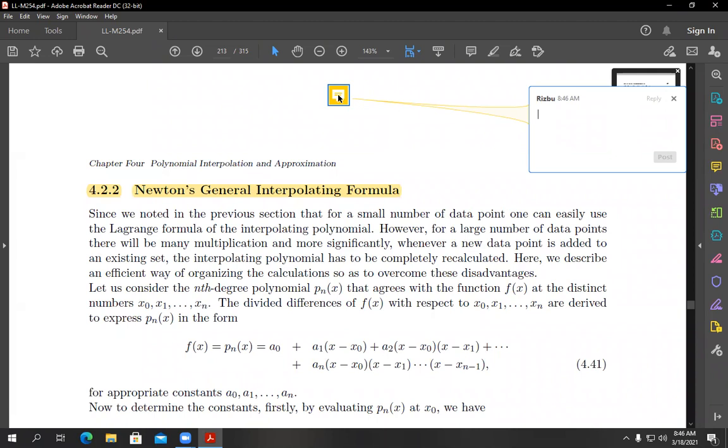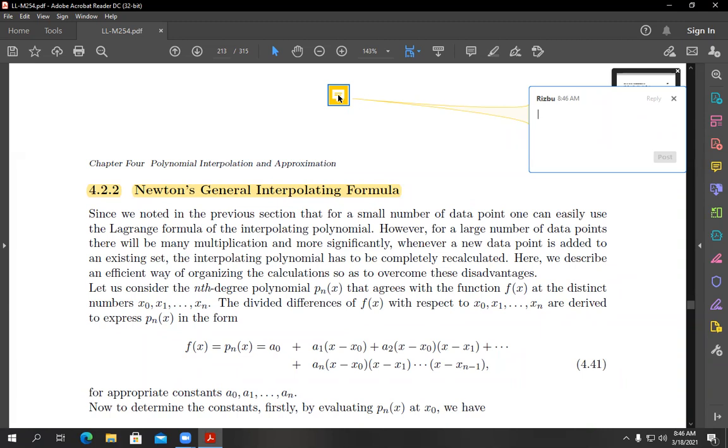I never gave you any example of the Lagrange case for degree 3 or 4, because for degree 3 we need more time. This is one difficulty of using the Lagrange formula: for higher degree, it becomes a timing problem. We need a lot of computation.